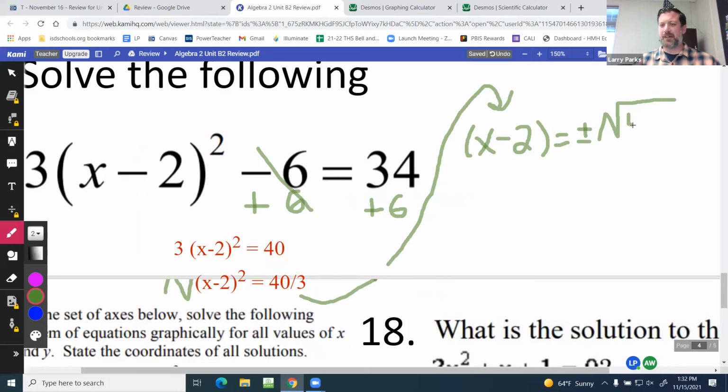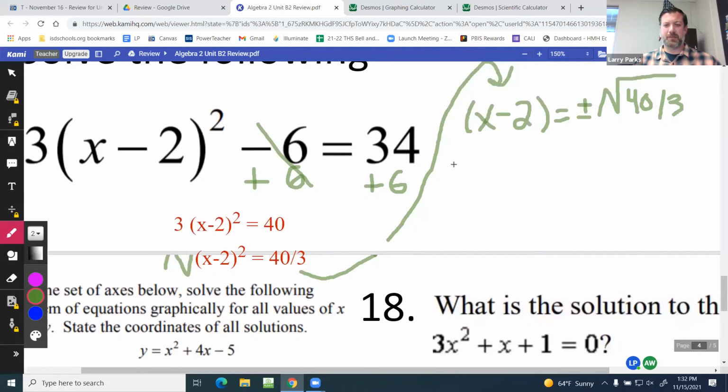And most teachers would have you do something called rationalize this. I'm not going to mess with that. We'll learn about that later in the course. And then you would add 2 to both sides. So you got 2 plus or minus square root of 40 over 3.